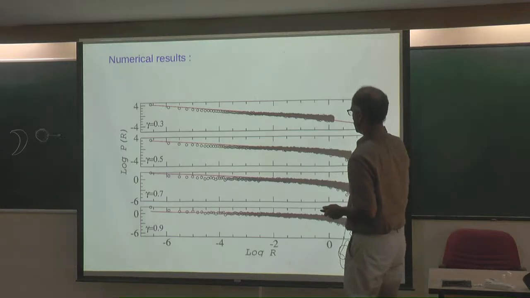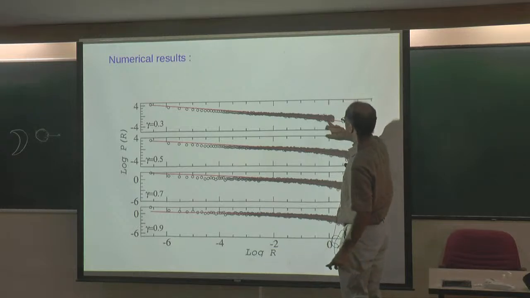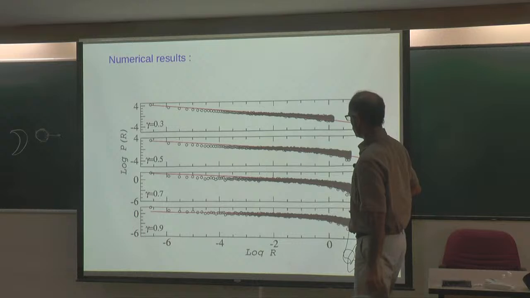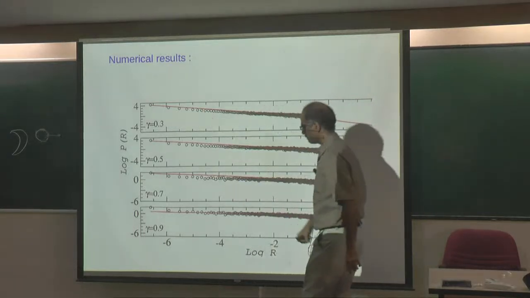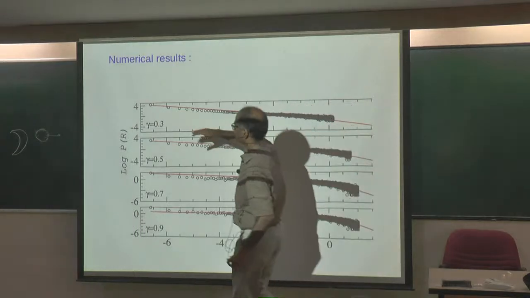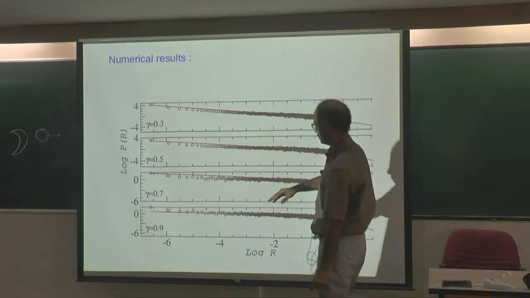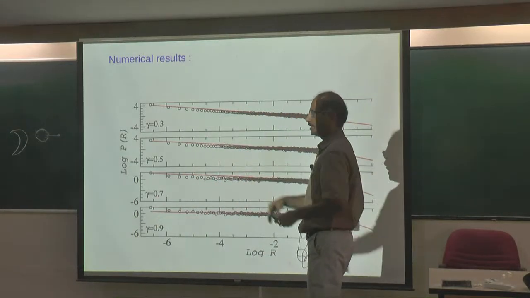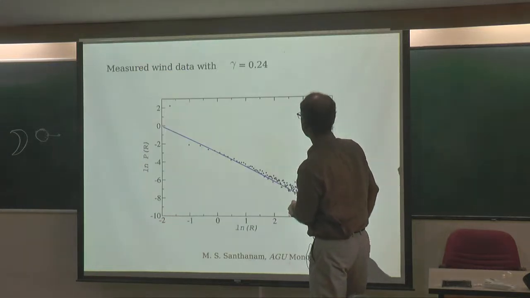And here is the proof of the pudding, in a sense. These circles that you see are the numerical simulations, for different values of gamma. Gamma close to 1 means it's nearly uncorrelated, whereas smaller gamma is a lot more correlated, a worst case scenario. So you see a very nice, reasonable agreement.